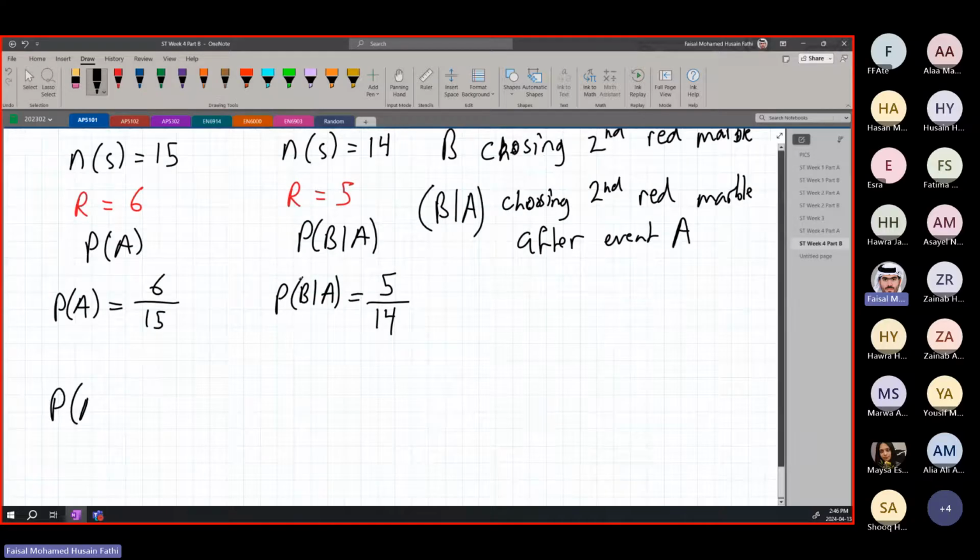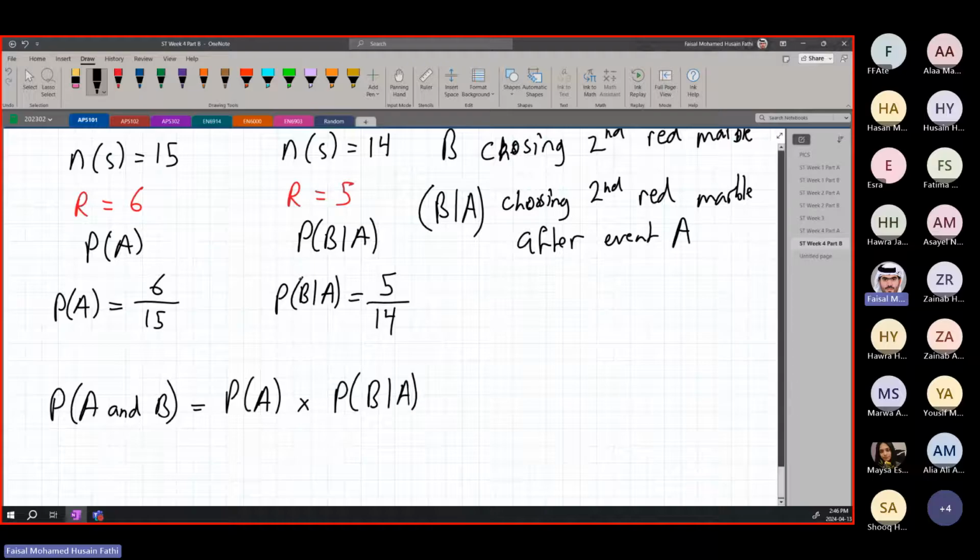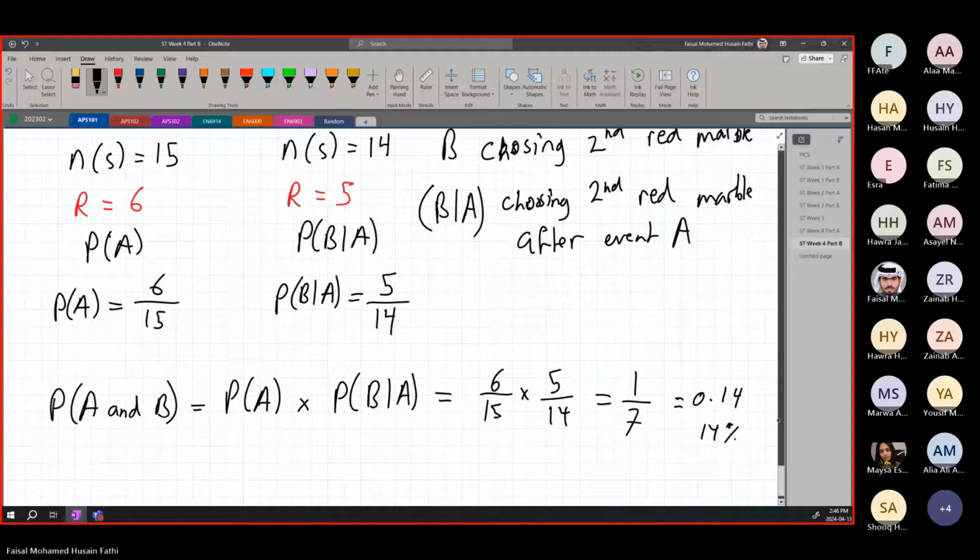So the probability of A and B occurring, which is choosing 2 red marbles in a row, is going to be equal to P of A times P of B given A, which is equal to 6 over 15 times 5 over 14, which is equal to 6 times 5 divided by 15 times 14, which is 1 over 7. This is equal to 0.14 or 14%.